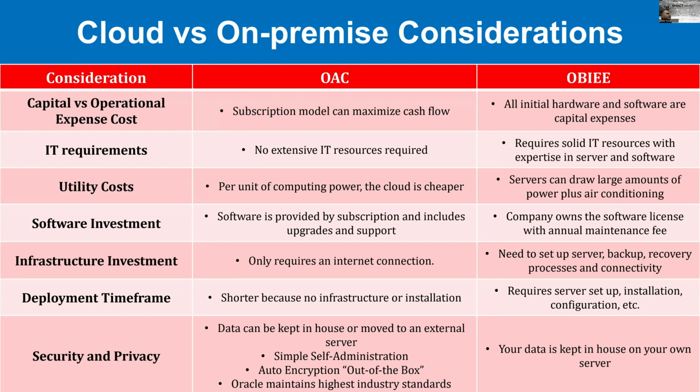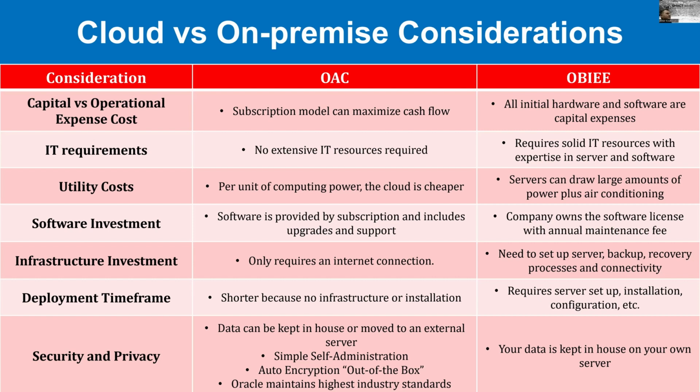But when you look at the capital versus operational expense of OAC, it's a subscription model, so you can maximize cash flow. You're not having to make an investment in hardware and software with the ongoing licensing cost. It's just a subscription model, and pay and play, as we say.